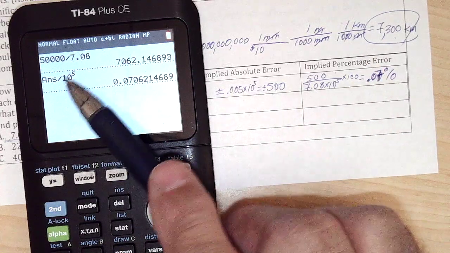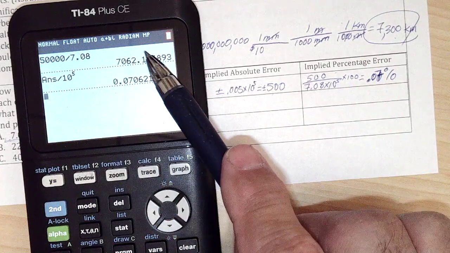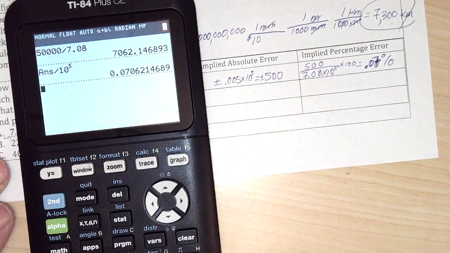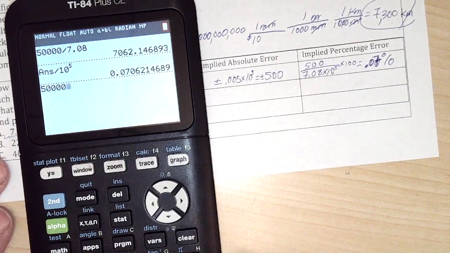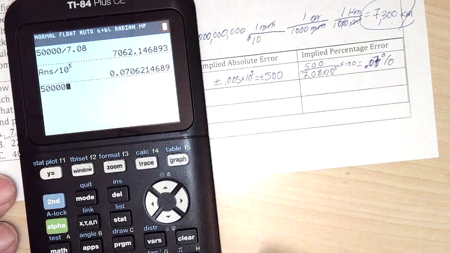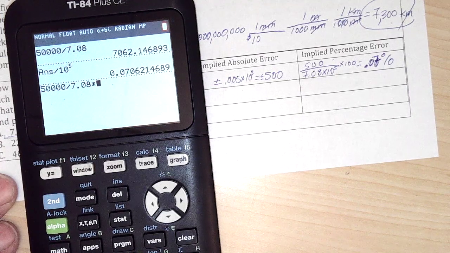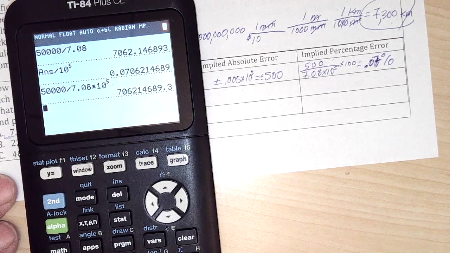Now, the reason I did divide by that, enter, and then divide by that: if you typed in the 50,000 or even just the 500 and tried to divide by 7.08 times 10 to the 5th, you're going to get the wrong answer.